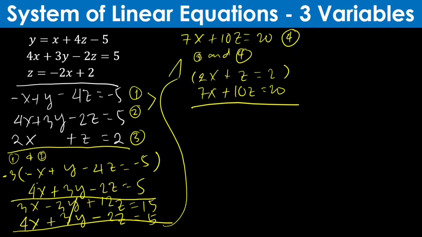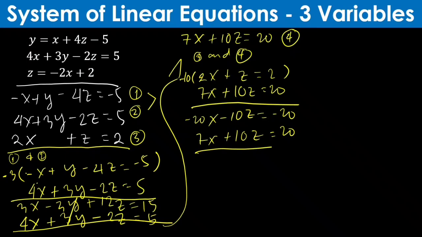If we multiply the first by negative 10, we have negative 20x minus 10z equals negative 20. This one is 7x plus 10z equals 20. So z is eliminated. We have now negative 13x equals 0. We divide both sides by negative 13, so x is equal to 0.